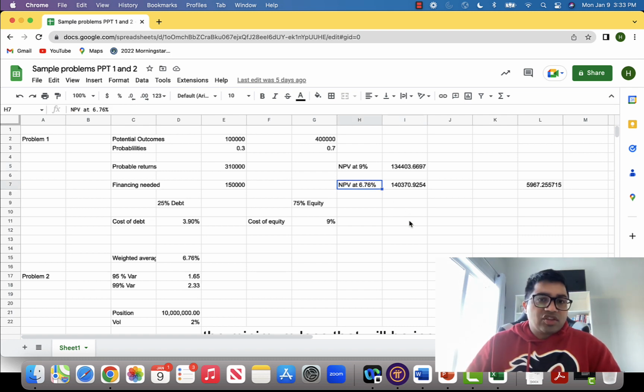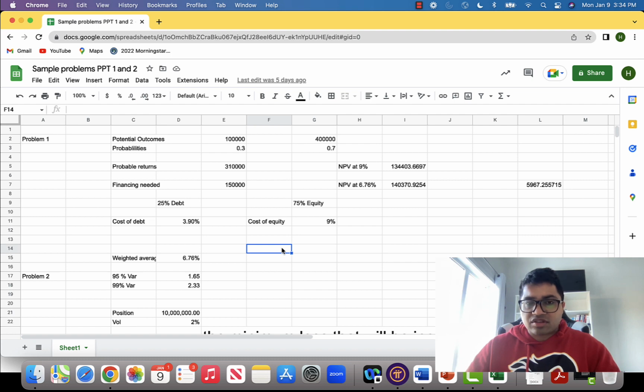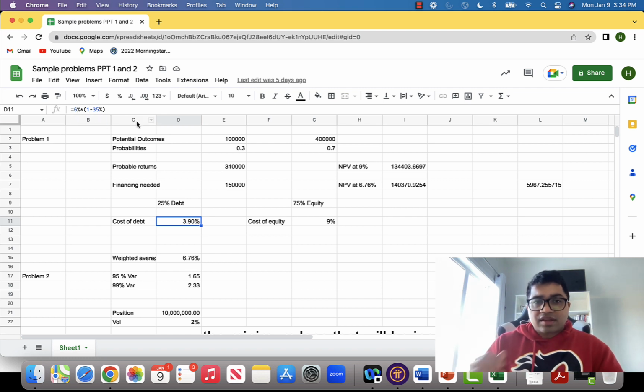Same way, you will calculate NPV at 25% debt, 75% equity. First of all, you need to know the weighted average cost of capital. How do you calculate it? You have 25% debt and 75% equity. Cost of equity, we know it's 9%. Cost of debt is generally the given interest rate, 6% into 1 minus tax, because debt payments are a tax deductible expense.